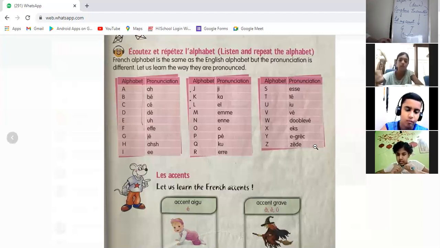G becomes J and J becomes G. Okay? Then K, L, M, N, O. Speak, everyone speak. K, L, M, N, O.